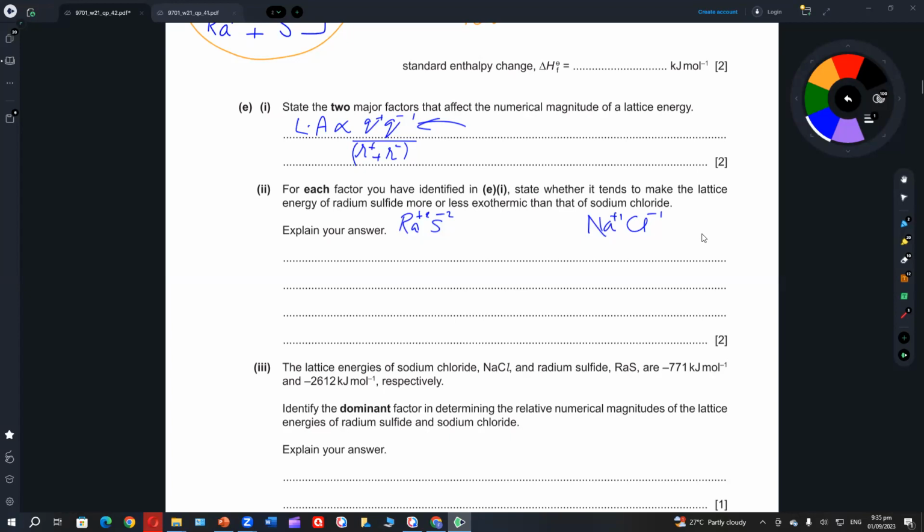So the charges are greater, and we have to make a final conclusion.